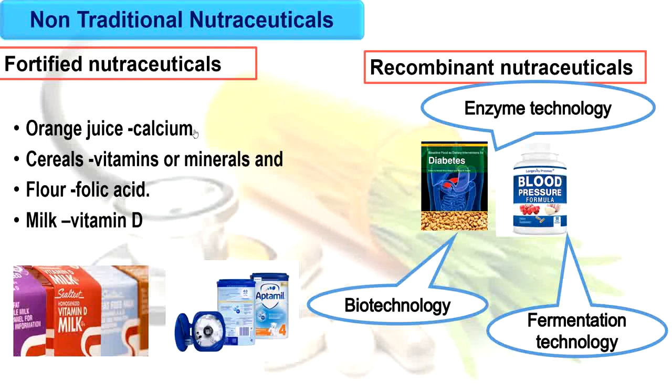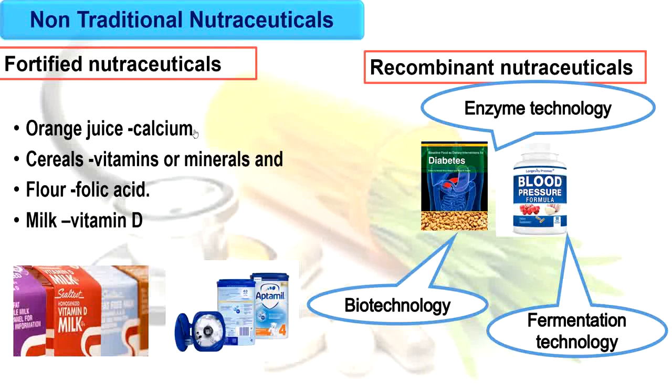The angiotensin enzyme is very important. Angiotensin enzyme plays a very important role in blood pressure. So they are developing certain formulas which can prevent the action of this enzyme, thereby blood pressure can be reduced.